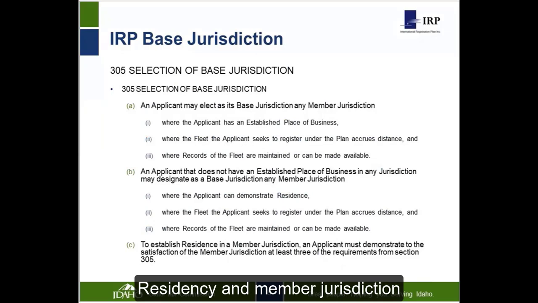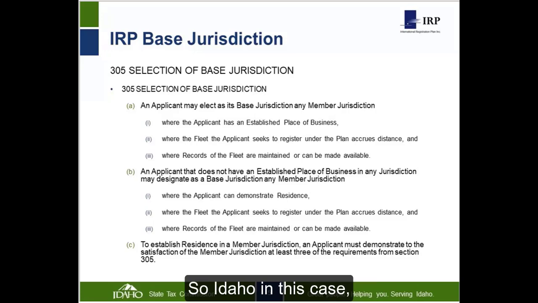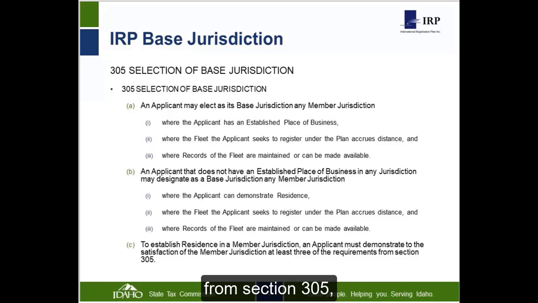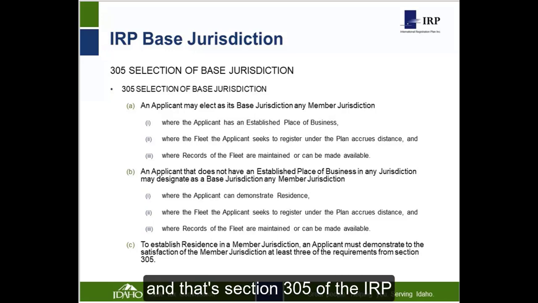To establish residency in a member jurisdiction, an applicant must demonstrate to the satisfaction of the member jurisdiction, so Idaho in this case, at least 3 types of requirements from Section 305 of the IRP plan. And IRP also has an excellent website that you can refer to.